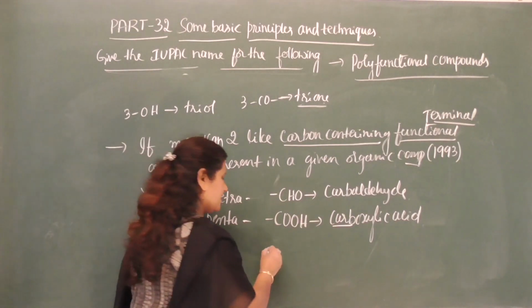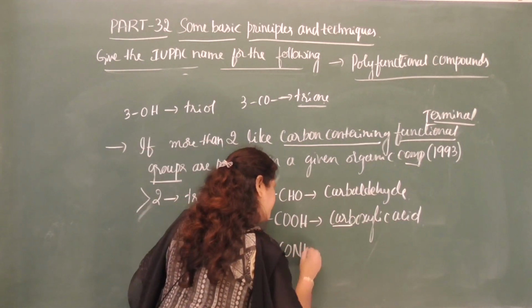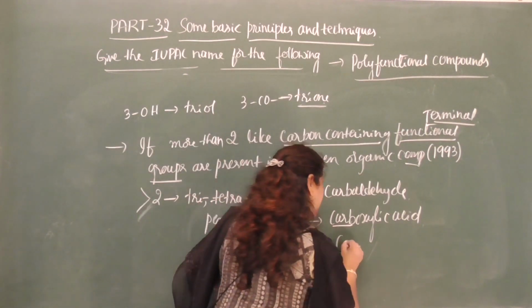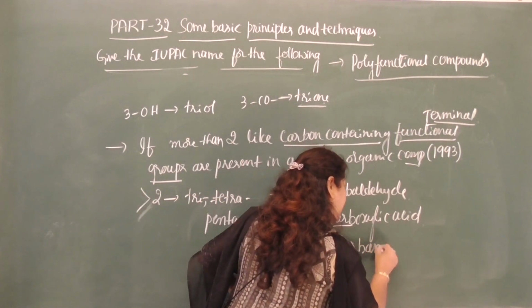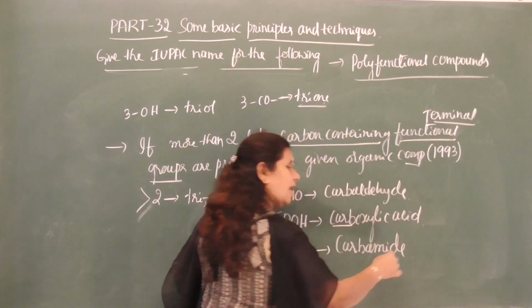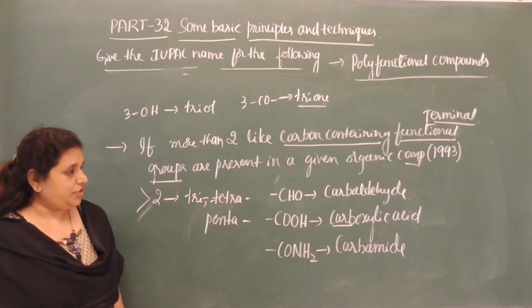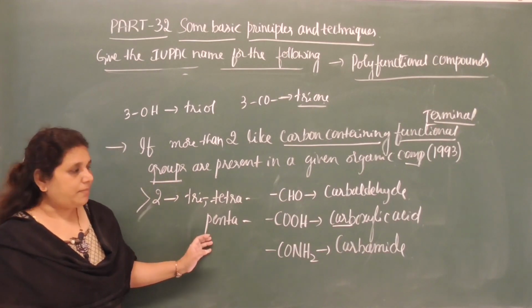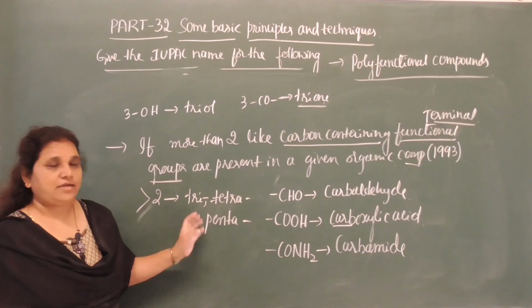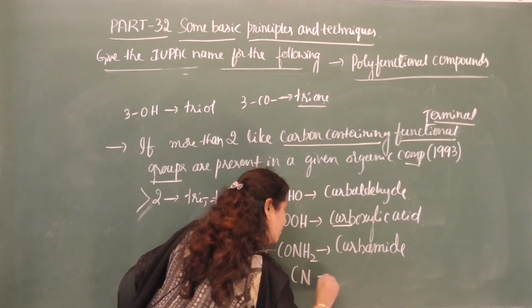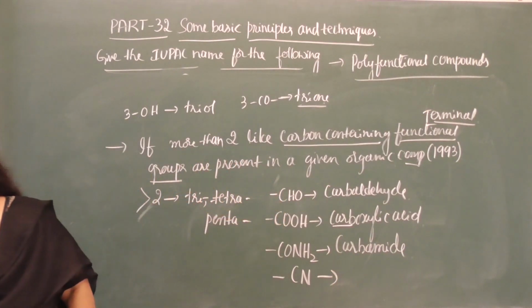So if it is CONH2, carbamide is the IUPAC suffix. So as secondary suffix we use tricarbamide for 3, tetracarbamide for 4. And if it is a CN group, you know that it is a nitrile.